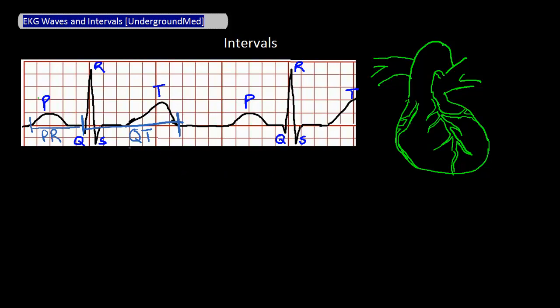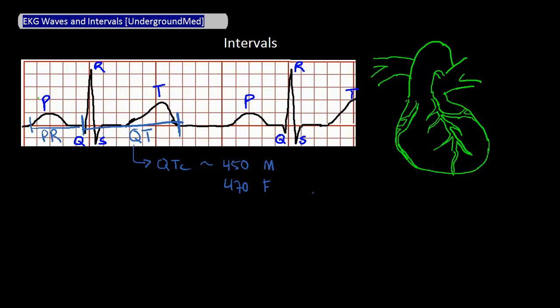The normal QT varies depending on the patient's heart rate. And there's a formula to calculate the corrected QT interval, or QTC. But I don't think you'll be expected to know that formula. An abnormal QTC in males is above 450 milliseconds, and in females above 470 milliseconds.